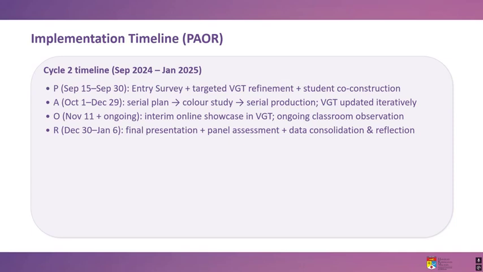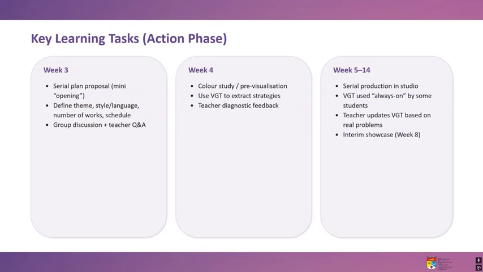O phase, I set an entrance showcase point and continued observing and collecting evidence. R phase, students did a final presentation. The panel graded their series using the rubric. Then I organize the data and write the final reflection.